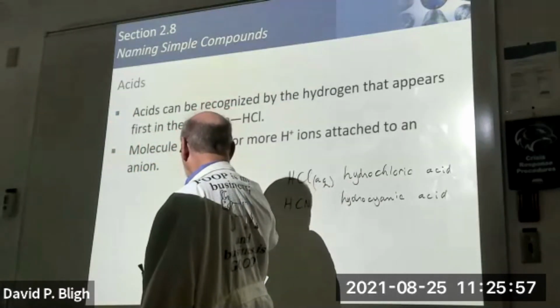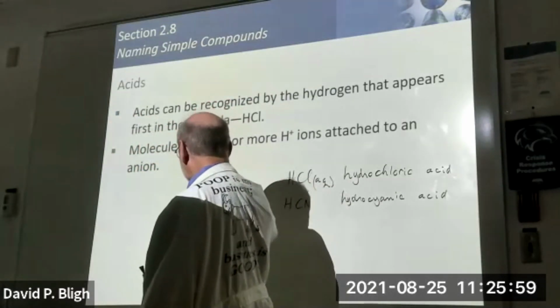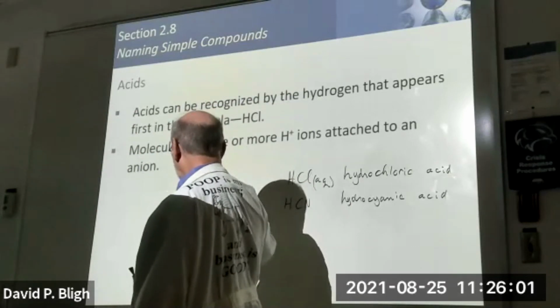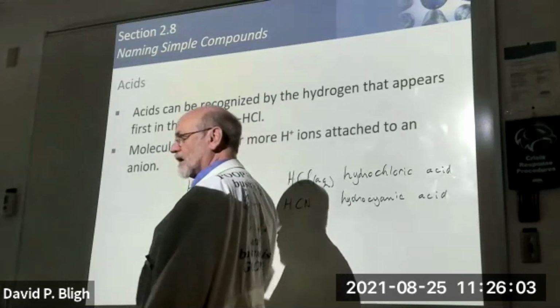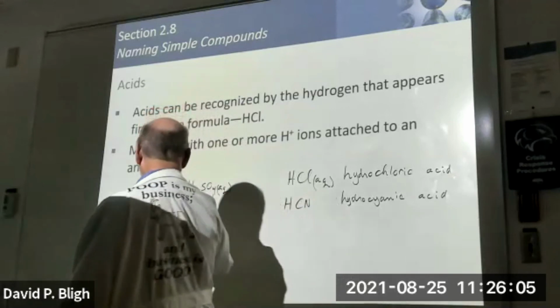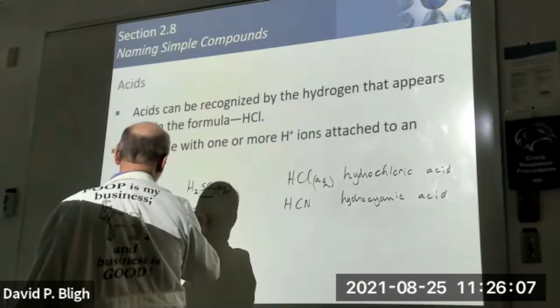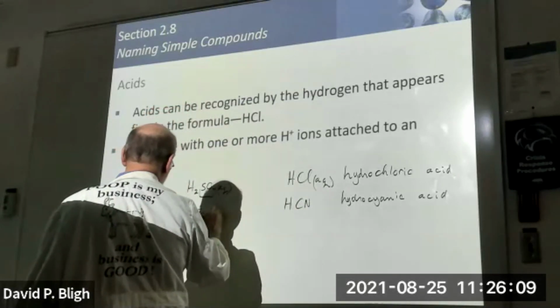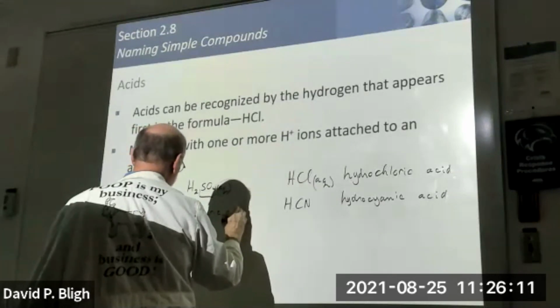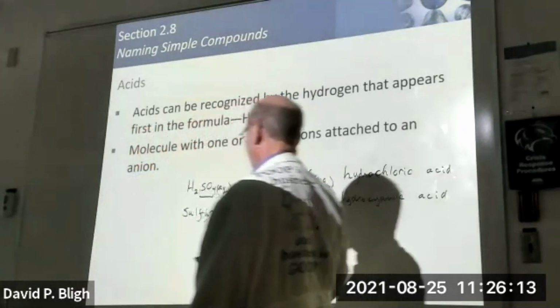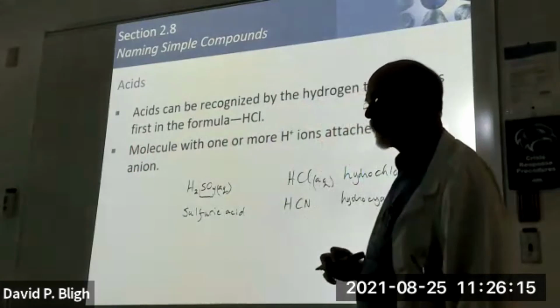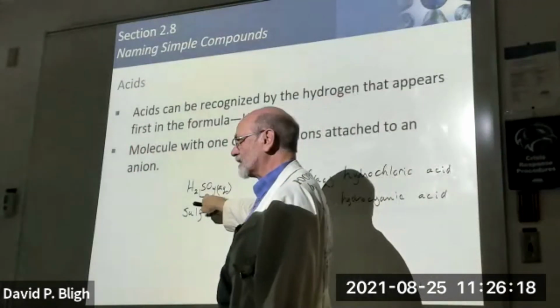Dissolve it in water. Now you take the sulfate, this part, and ate becomes ic with slight modification. Sulfuric acid. We know that's sulfuric because it was derived from ate.